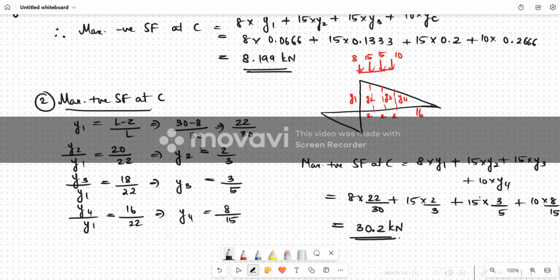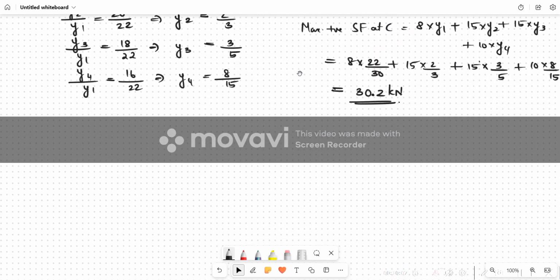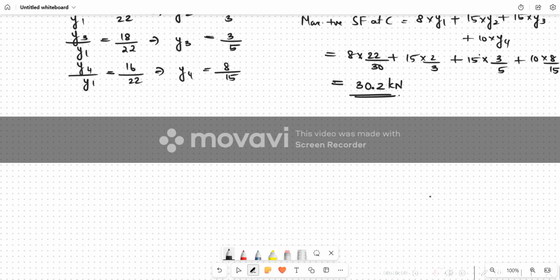30.2 kilonewton. Now let's check one more trial, that is let the third load 15 be on C, and let this 8 remain at the left of C. So I'll just check for one more position where I'm again drawing the ILD for shear force, and this time the position is like this.